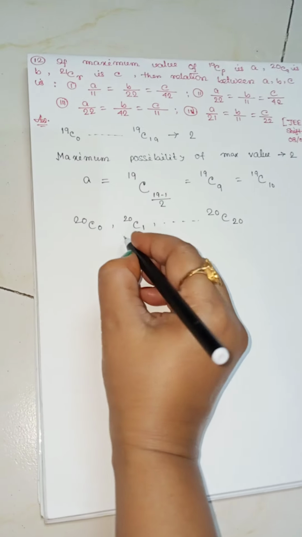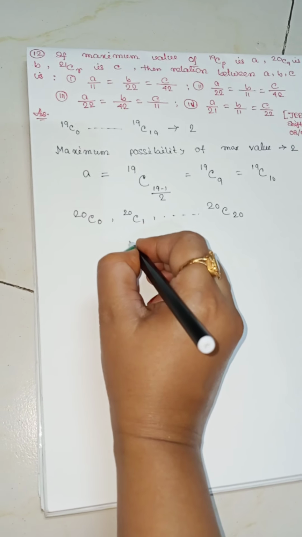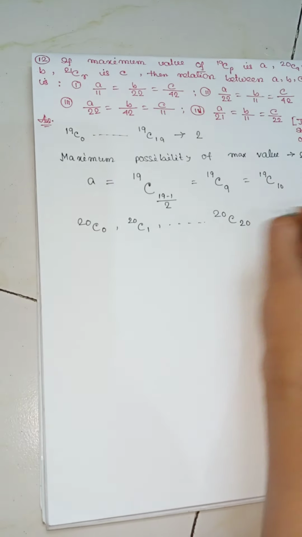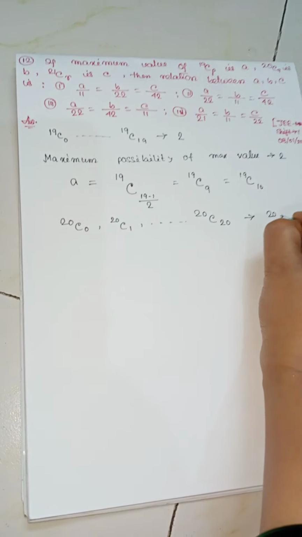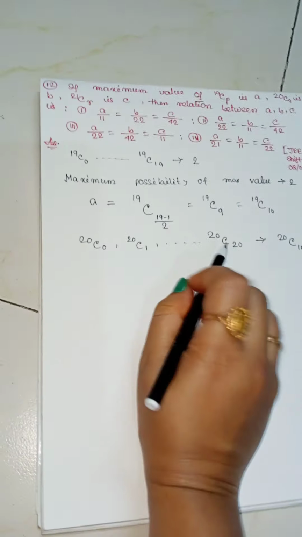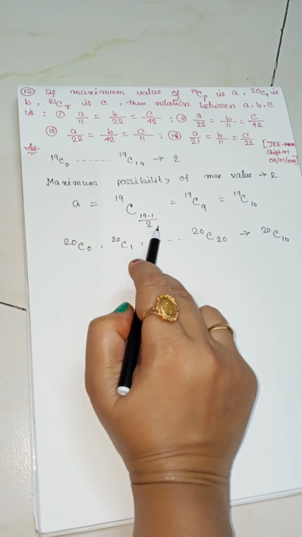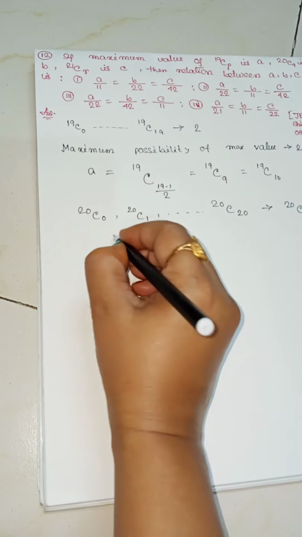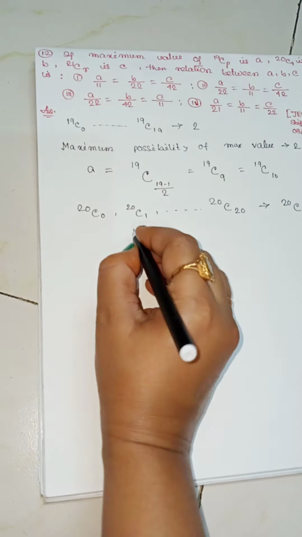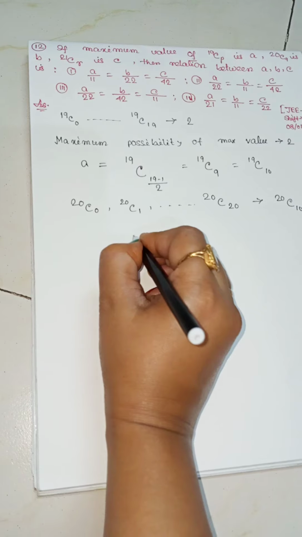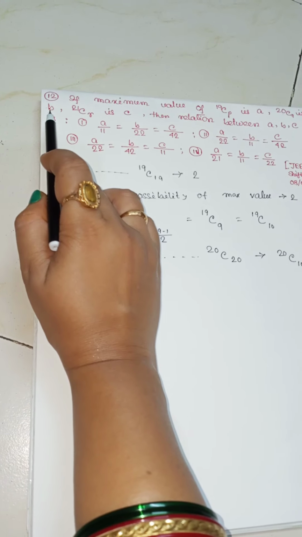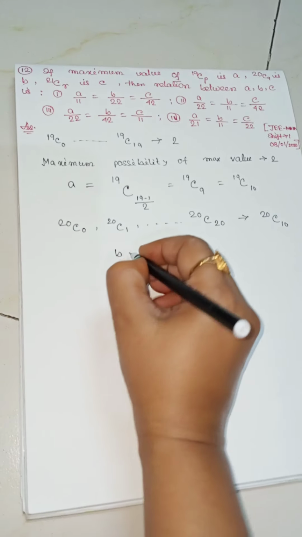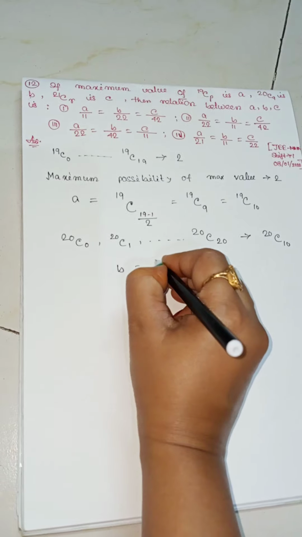The maximum value here is 20C10, as happened above. So 20C10 is equal to B, given as the maximum value, so B is equal to 20C10.